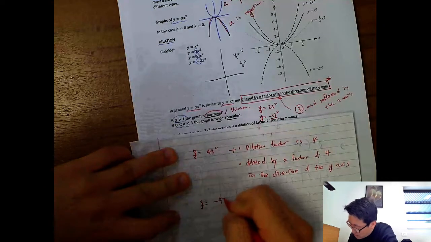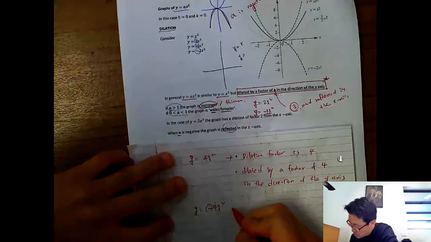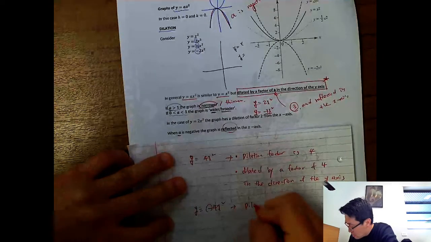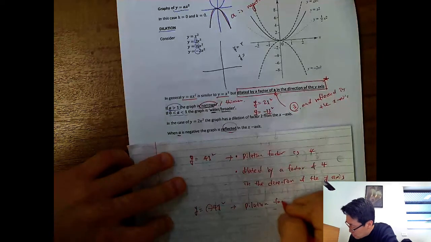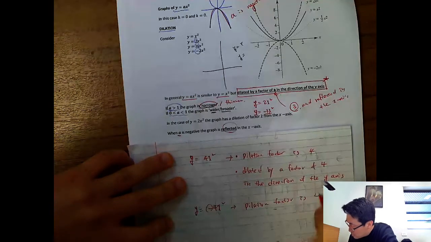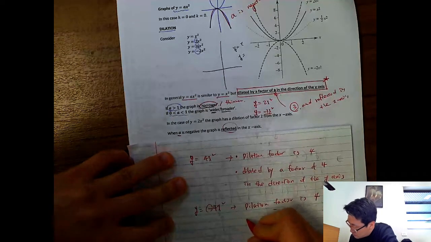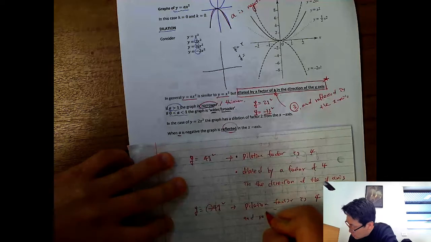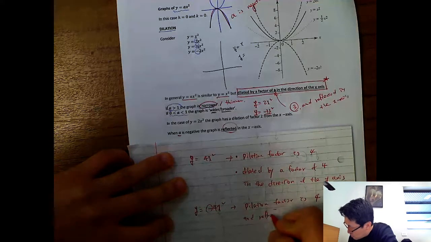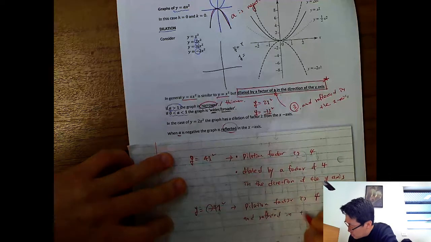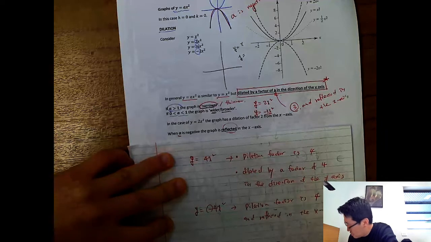And when you have negative a, you can say dilation factor is 4 and reflected in the x-axis.